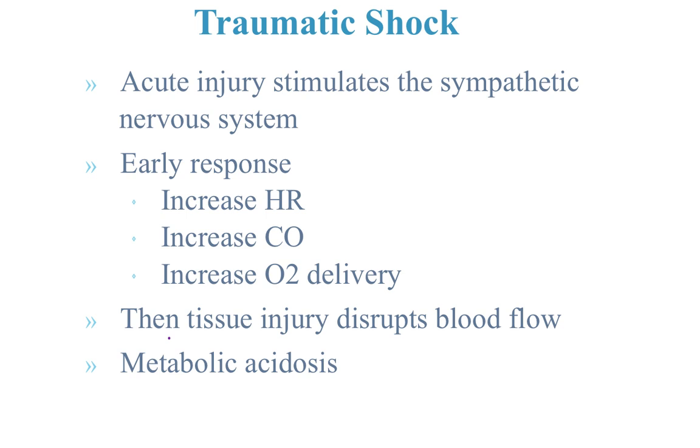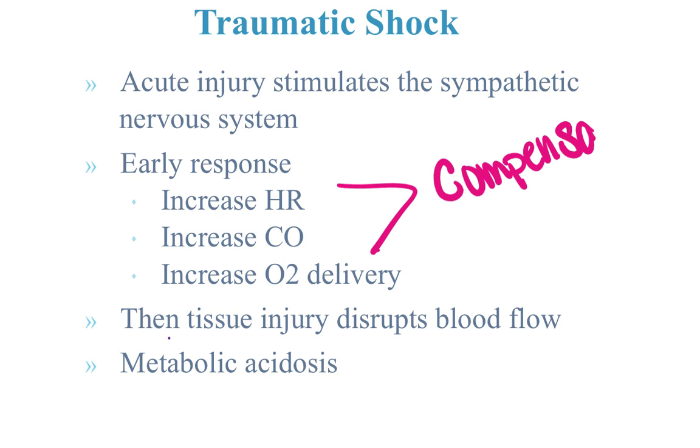So we have the increased heart rate, increased cardiac output, because the body wants to deliver oxygen to that site of injury. So this is going to be the compensation phase. Okay, so this is going to be the initial phase, and then the early response is going to be the compensation phase. You can also have nausea, vomiting, and diarrhea.